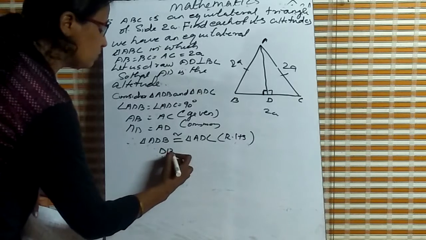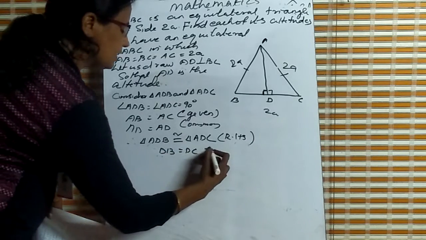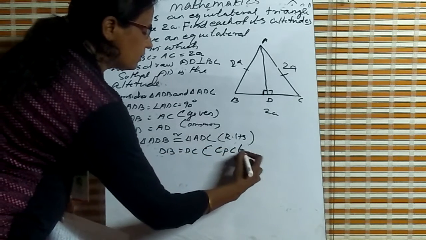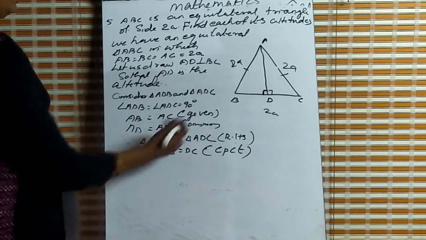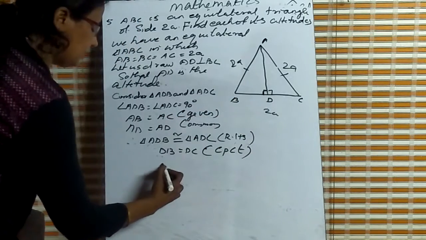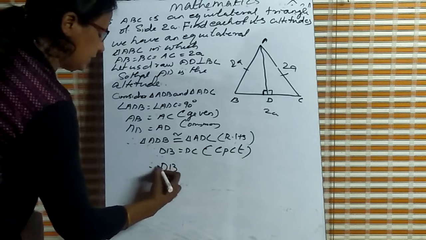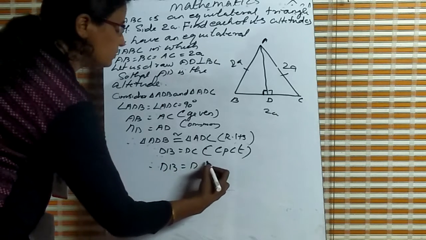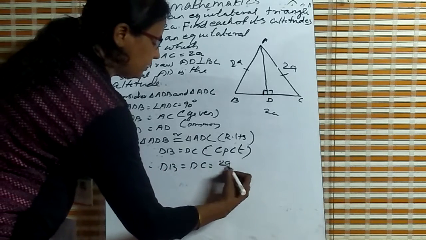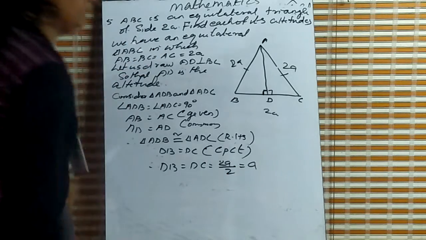DB is equal to DC by CPCT, corresponding parts of congruent triangles. But given BC is 2A, therefore DB equals DC equals 2A by 2 is equal to A.